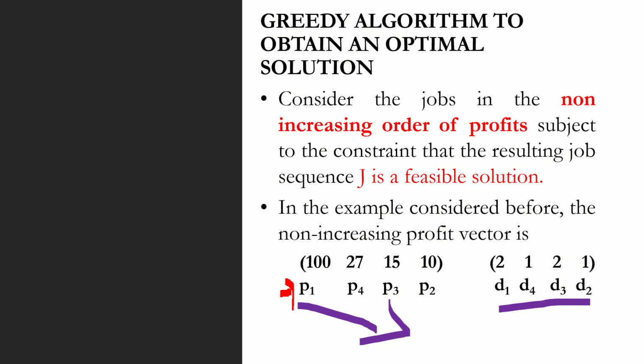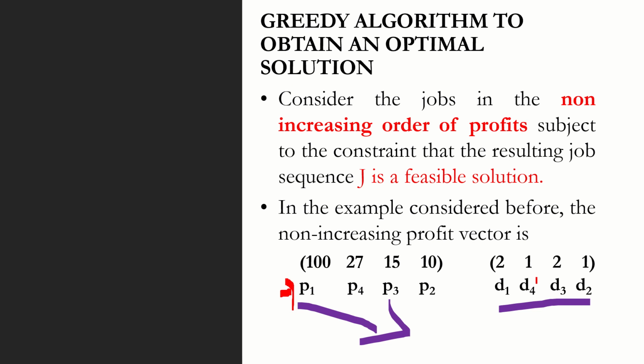So here you can see that the deadline of P1 is equal to 2. That is, within 2 units of time, you can complete it. That is the deadline of the first process. The next process we are considering is P4. Its deadline is 1.